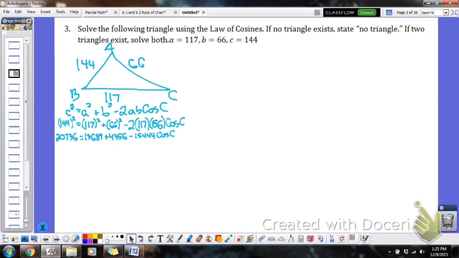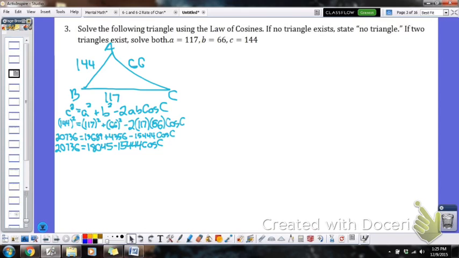Now I can start solving for the cosine of C, but first let's add 13,689 plus 4,356, giving me 18,045. Still subtracting 15,444 times the cosine of C, and that is still equal to 20,736.